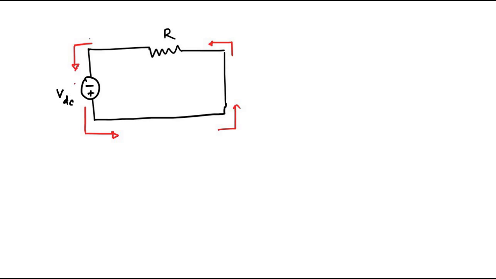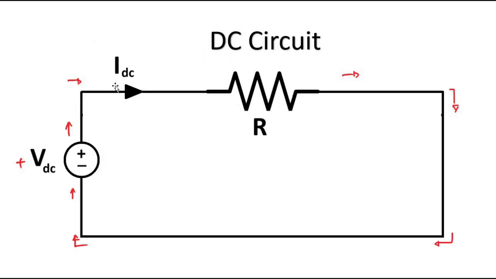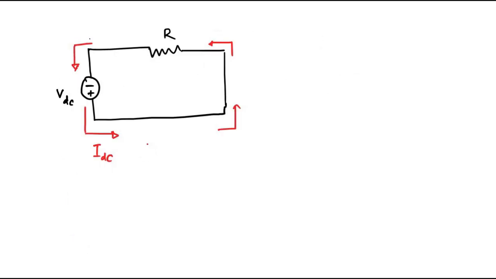This is IDC. The direction of the current is reversed from this. Here it is flowing in this direction, so there will be a voltage drop like this, plus minus. Here it is in the opposite direction, so the polarity will be like this. So the direction of the current is reversed.